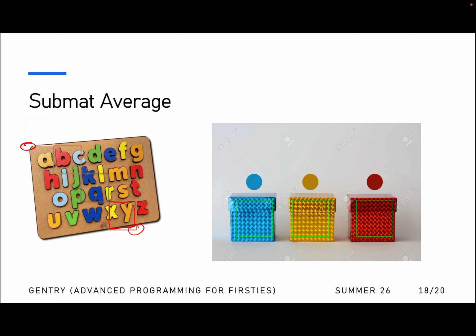And all you do is, if you have a sub 1, let's just say sub 1 is this, then all we do is we say mean is equal to cv2.mean of sub 1, and we have the average color of that entire block.